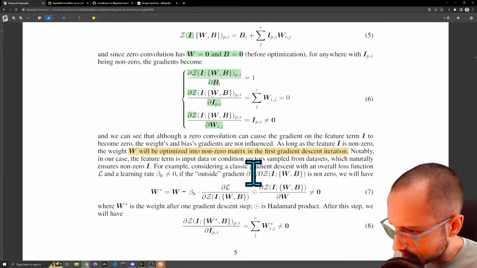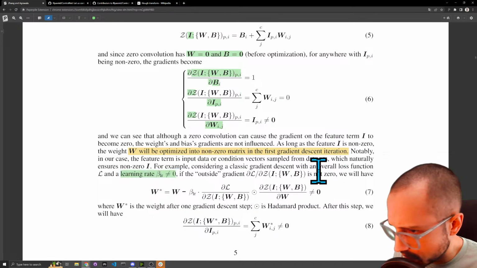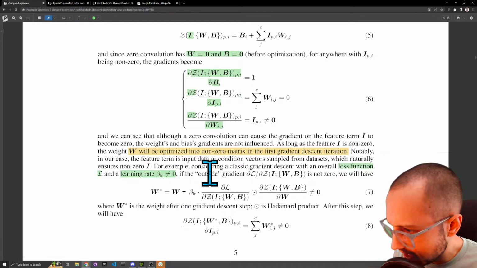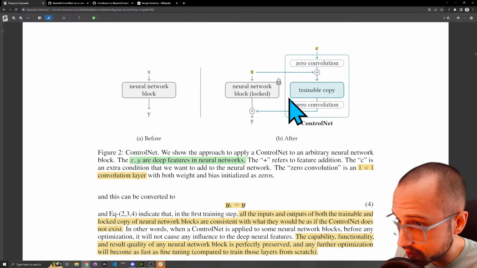Considering a classic gradient descent with an overall loss function L and a learning rate, this is the learning rate, and this is the loss function. If the outside gradient, dL/dZ, is not 0, okay, so this is the gradient of the loss with respect to that specific 0 conv block.